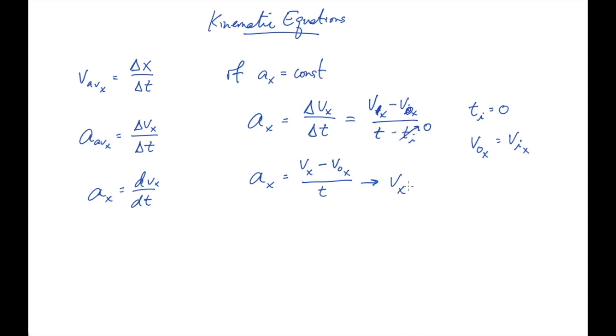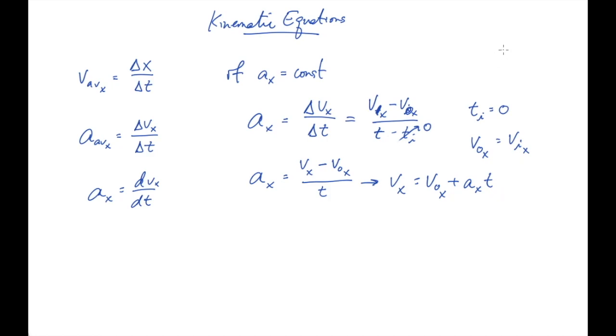And we get final x component of velocity equals initial plus acceleration times time. What this equation is literally saying is that the final x component of velocity is the initial x component of velocity plus how that component changed over time.